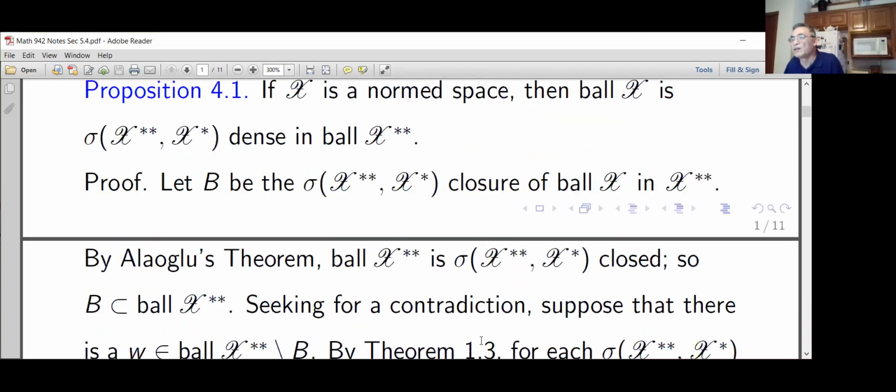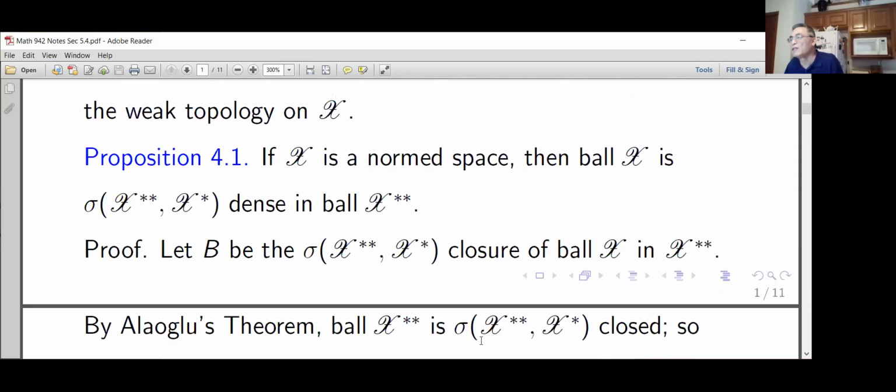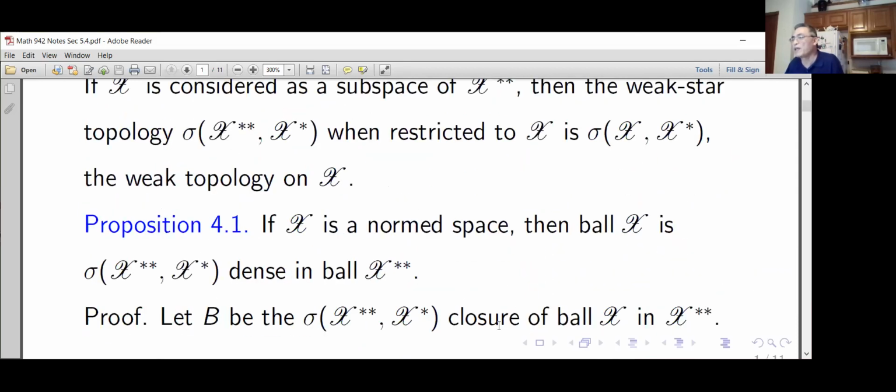Okay. So let's look at this statement again. We have proved this. Let's review what we have proved. We have proved that the ball X, when embedded in ball X double star, is a subset of ball X double star, and this is dense here in this ball X double star in this topology.